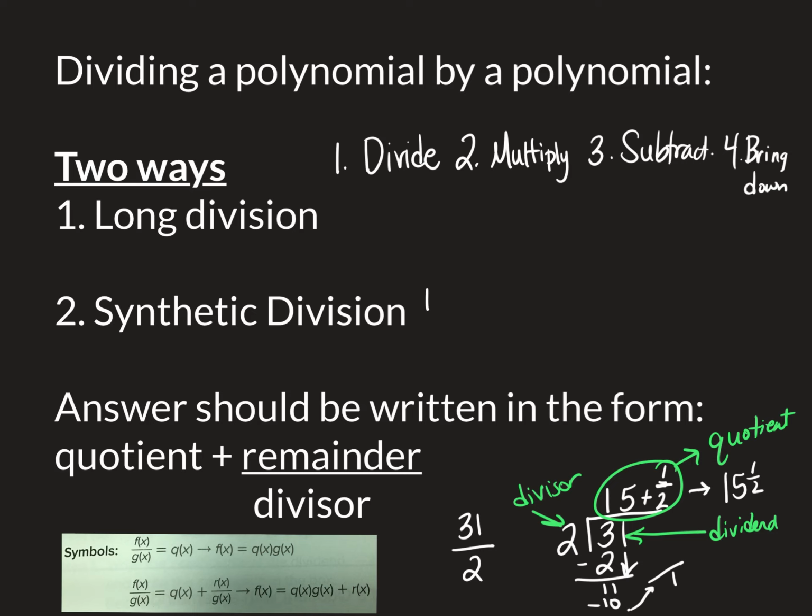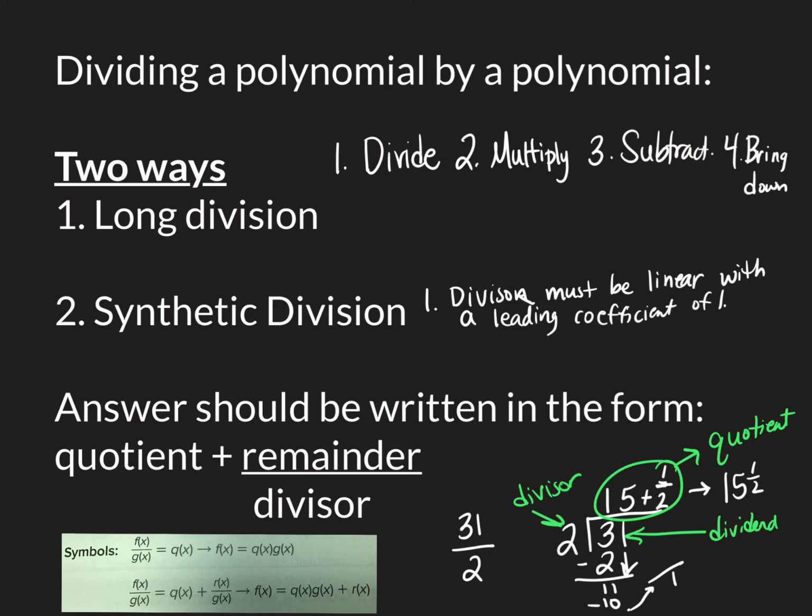Okay, so to do synthetic division, first of all, your divisor must be linear, which means its largest exponent is 1, with a leading coefficient of 1. If it is not, you may not use synthetic division. You have to use long division. So this is the difference between the two. You have to have a linear divisor with a leading coefficient of 1.